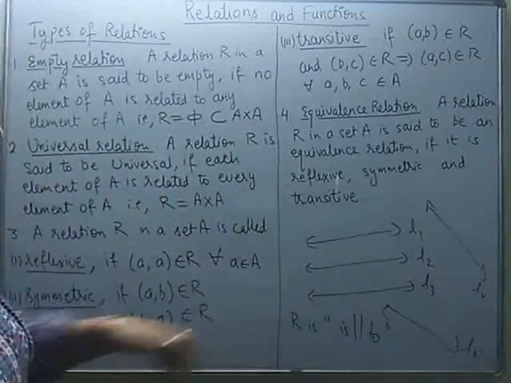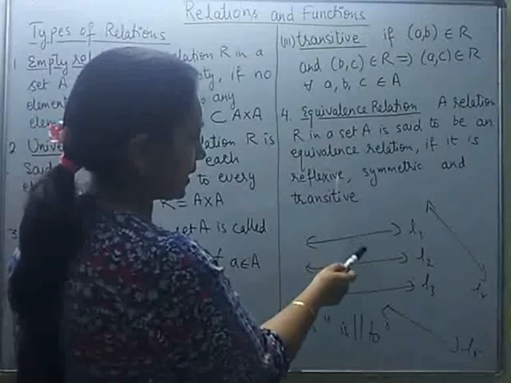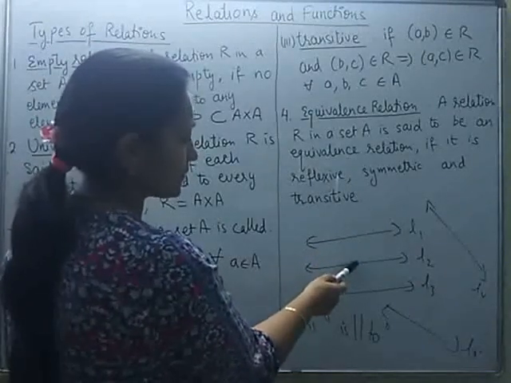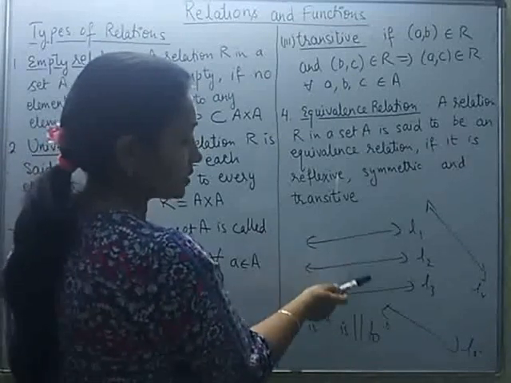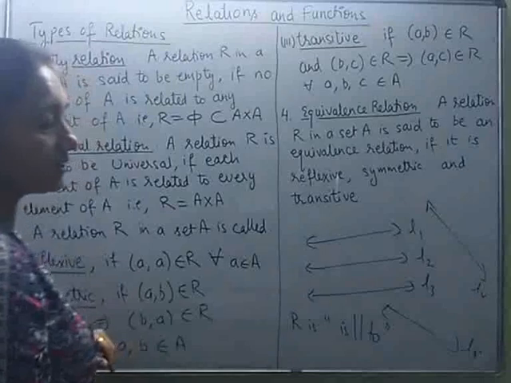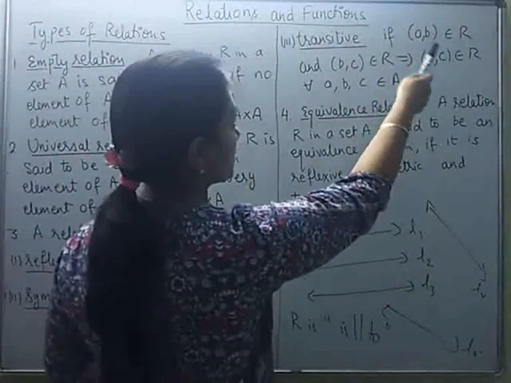Now, satisfying this relation, we can find two pairs. We know L1 is parallel to L2. We know L2 is parallel to L3. So this also implies L1 is parallel to L3. So see, the condition is fulfilled. What are we saying?